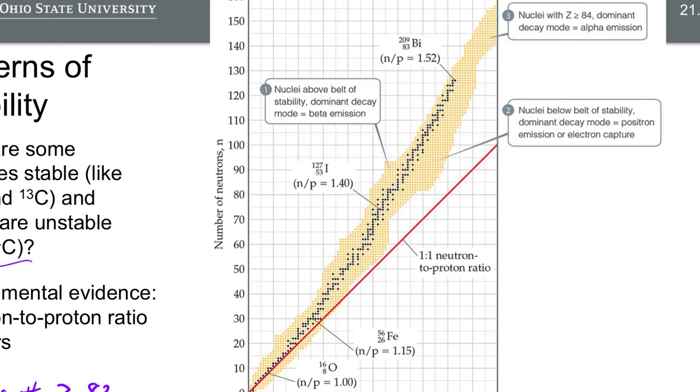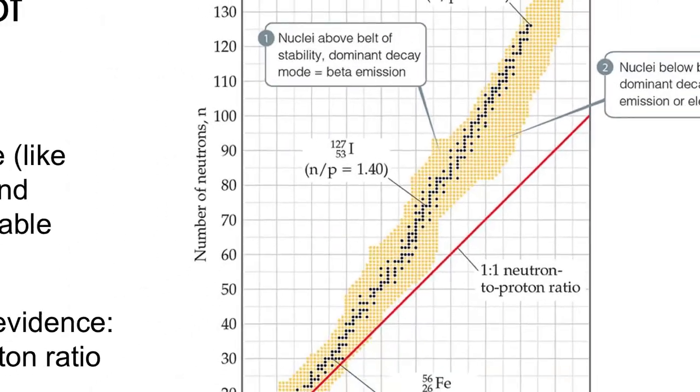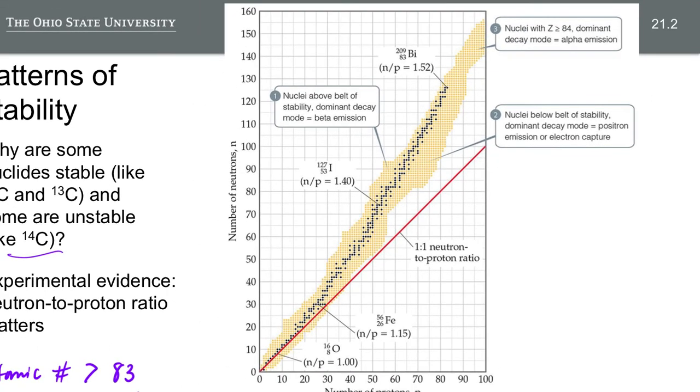What we have are all of these dots, the yellow dots and the blue dots, which represent different nuclides. And the blue line represents what we call the belt of stability.